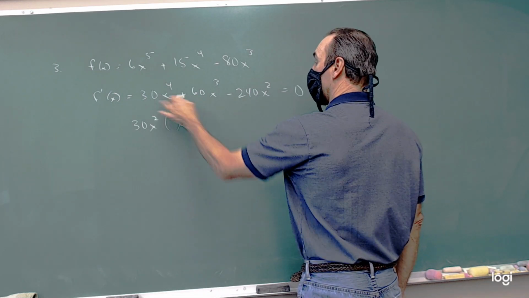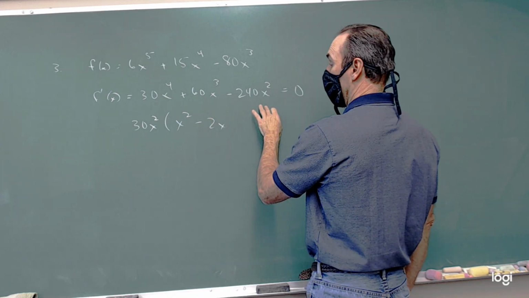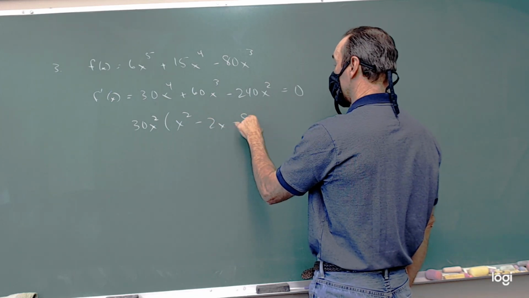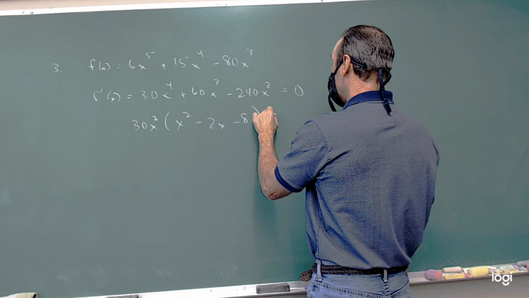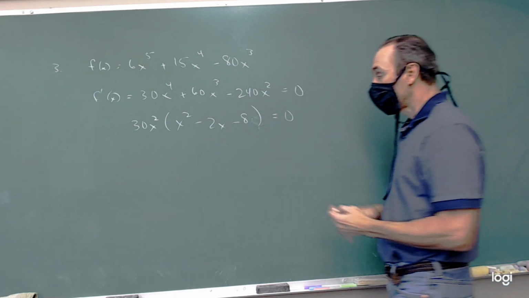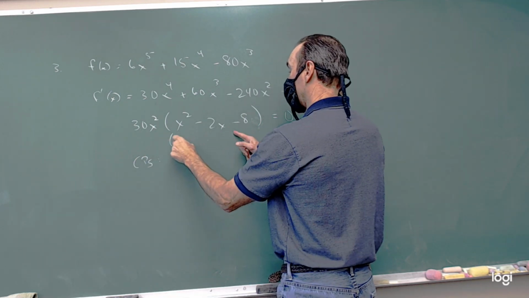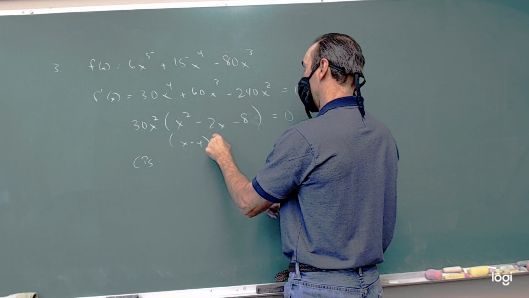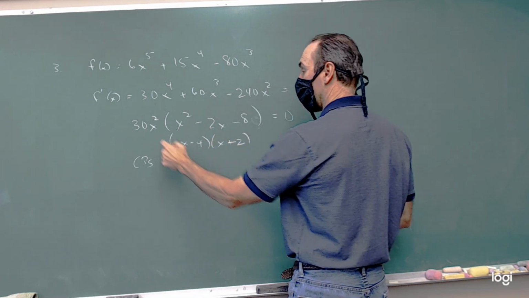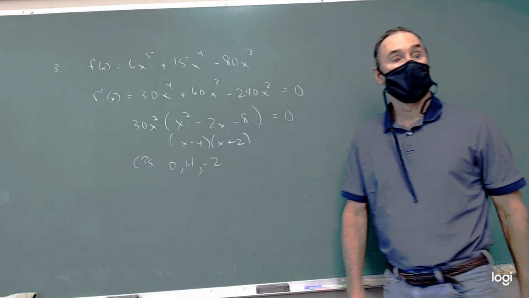So that'll be x squared, that will be 2x, and that will be minus 8. Does that look okay? So for critical points, this will factor into x minus 4, x plus 2. So our critical points are going to be 0, 4, and negative 2.